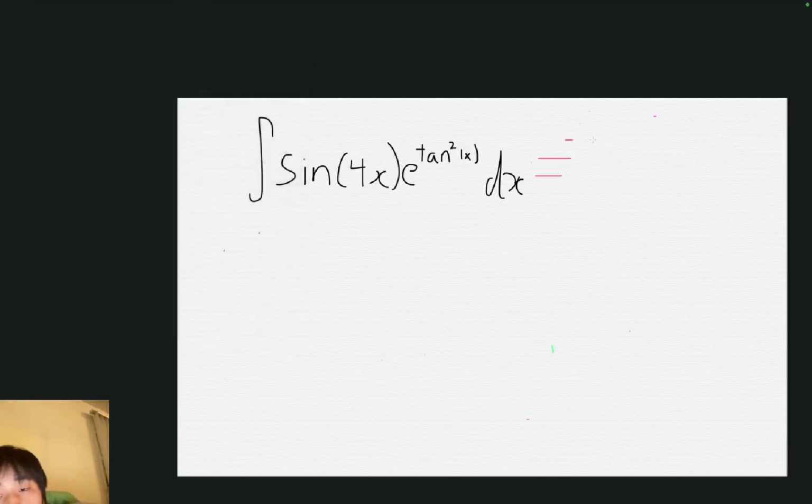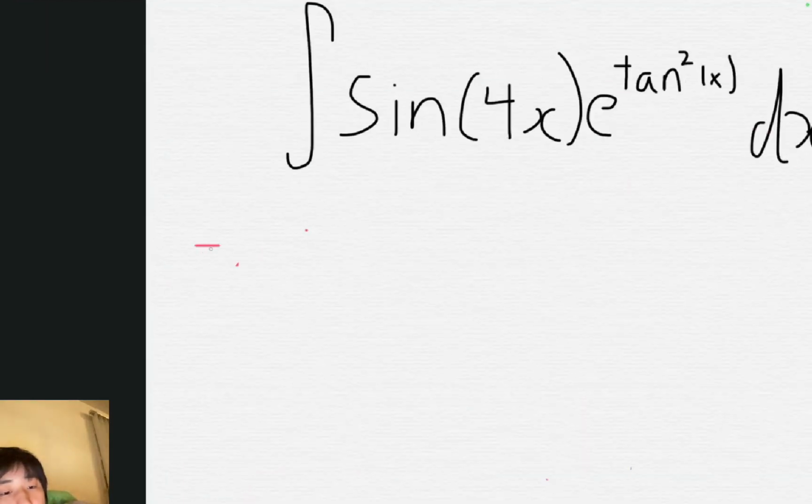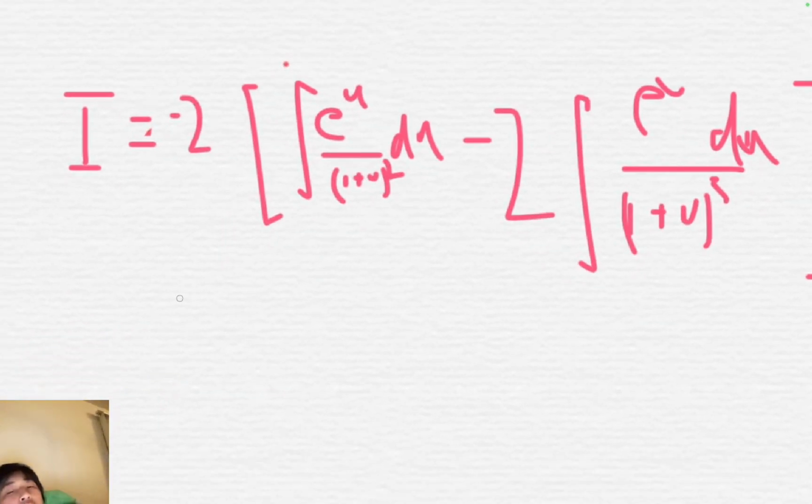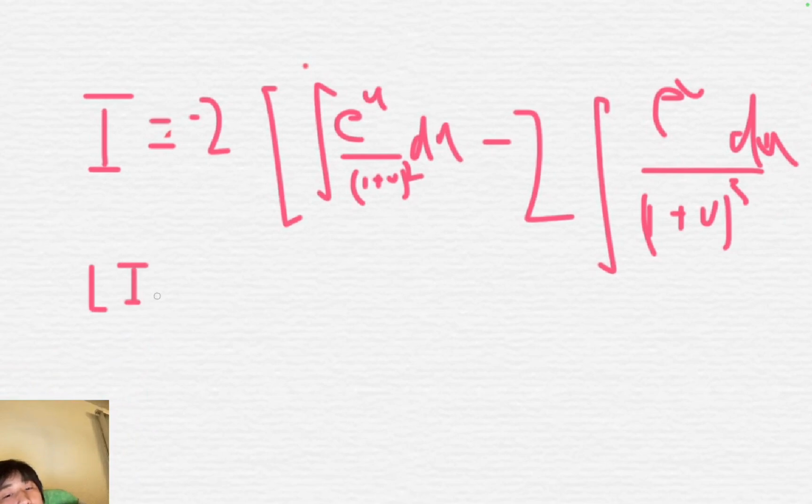Anyways, we're going to call this I for now. And so therefore, I is going to equal negative 2 times, we're almost done, just do integration by parts of e to the u over 1 plus u squared. Remember LIATE, and what we know from LIATE is that exponential functions should be the last thing you choose for u, and algebraic is before it.